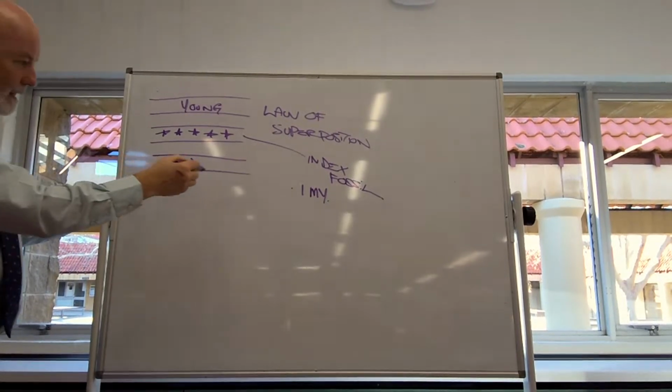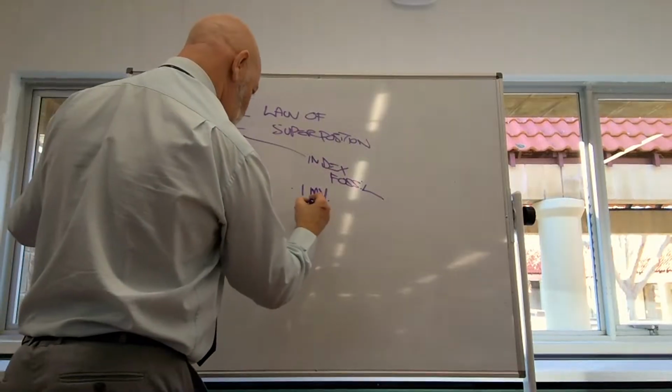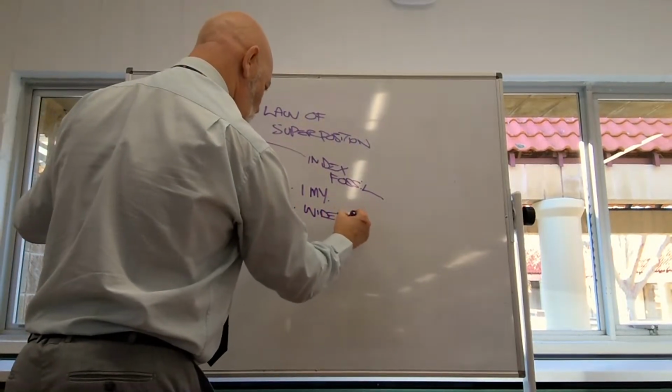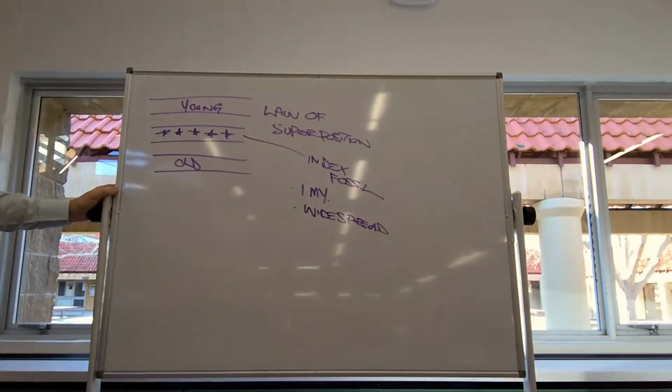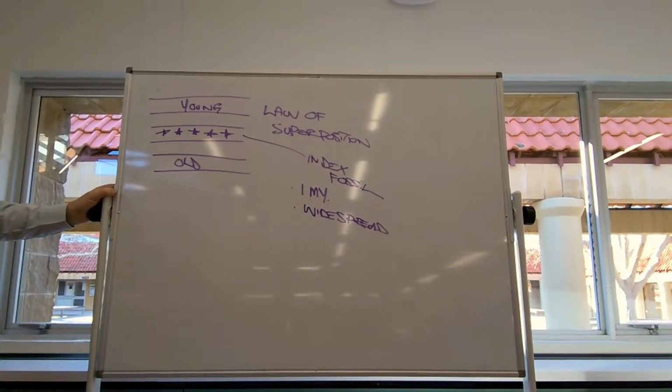Now, the index fossil was widespread, which means it was everywhere around the world. Okay? Widespread means everywhere. Yes? Million years. I took a shortcut.